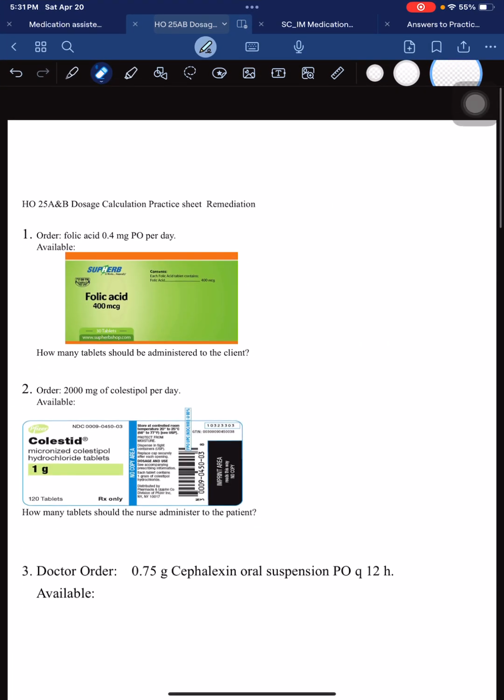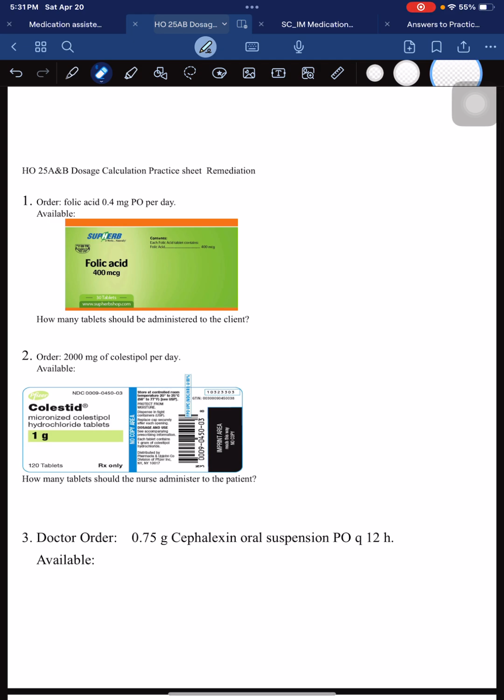Okay, the first thing you need to know when we do oral medication, the key is converting. Sorry, I wrote that wrong here.